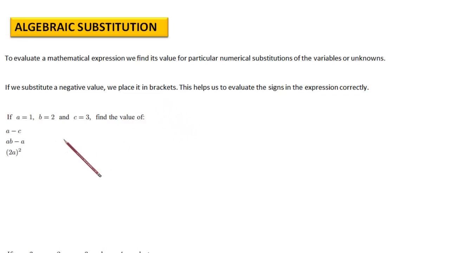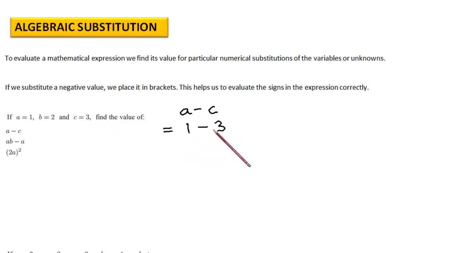So let's say if the value of A is 1, B is 2, and C is 3, what is the value of A minus C? So we write A minus C, and then we simply substitute, which means we simply put the values of A as 1 minus as it is, and instead of C we write the 3.